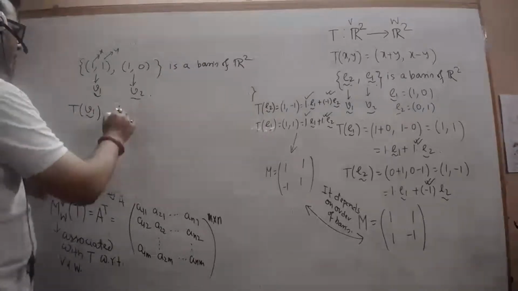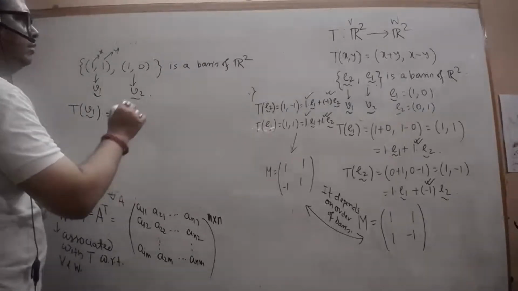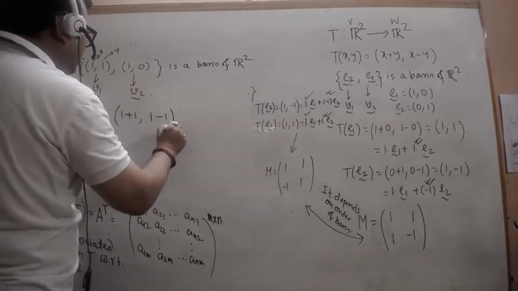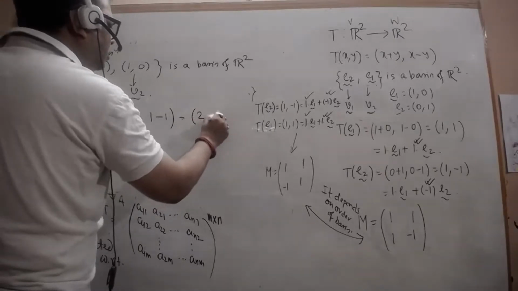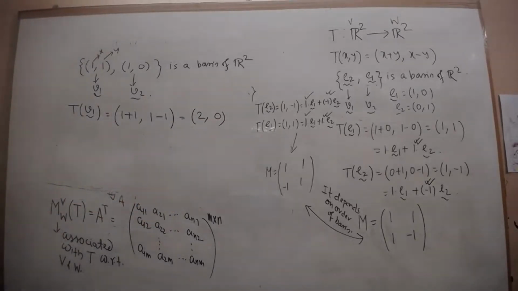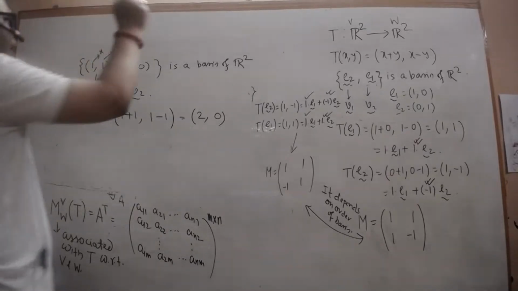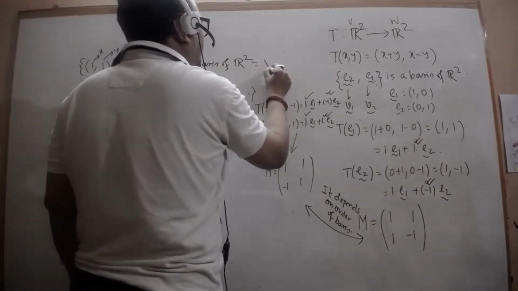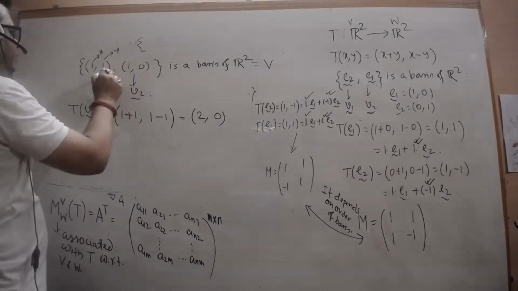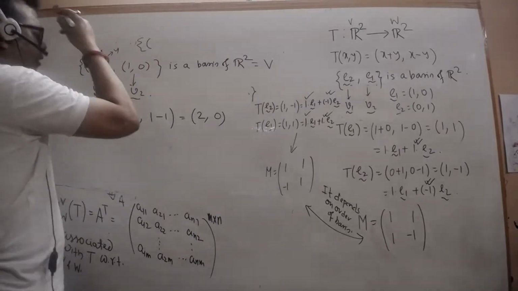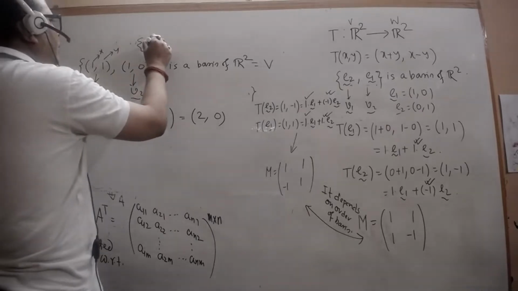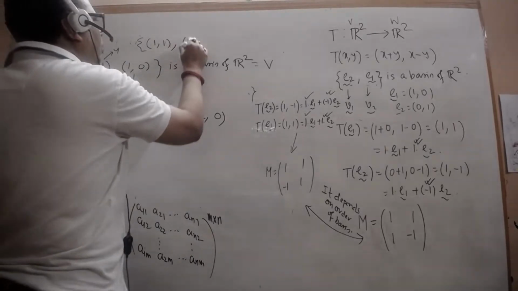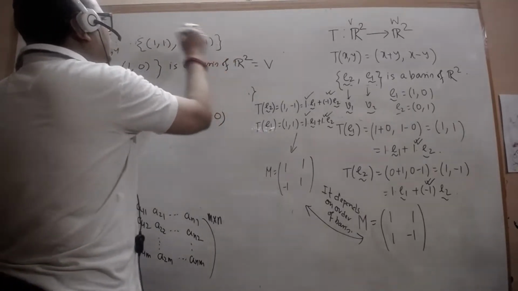According to the definition, x plus y means 1 plus 1, and x minus y, that is 1 minus 1. So this is (2, 0). And if you take this basis of R squared, here R squared is V, and I take another basis of R squared, say (1, 1), (1, -1). So this is w1.